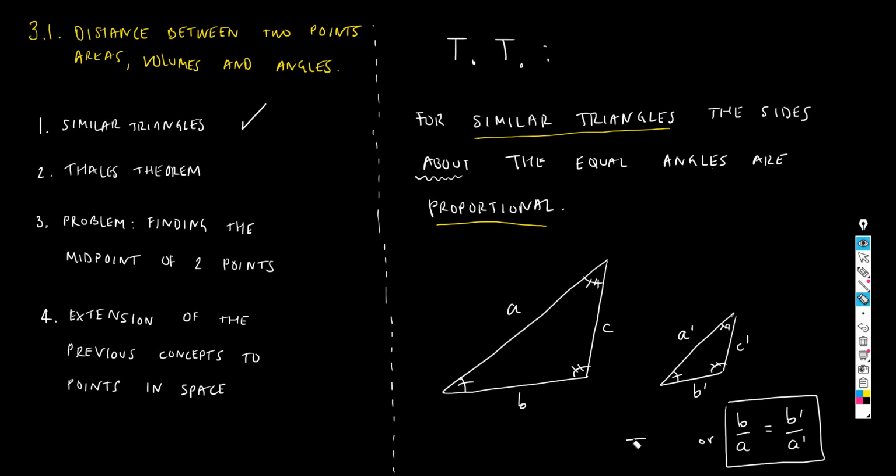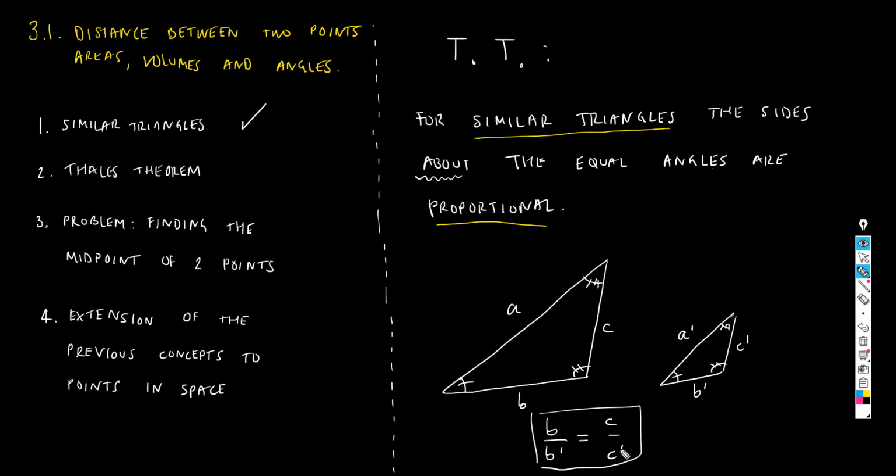If I did the same, but now with regards to the angle number 2, then I can produce two ratios. I can either say B is to B prime as C is to C prime. This is one of the ratios that I can produce.